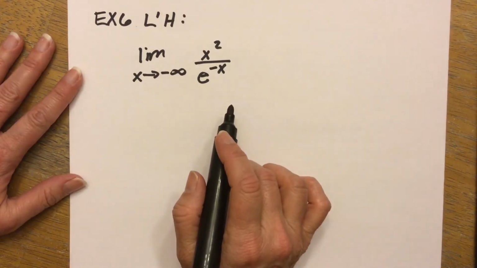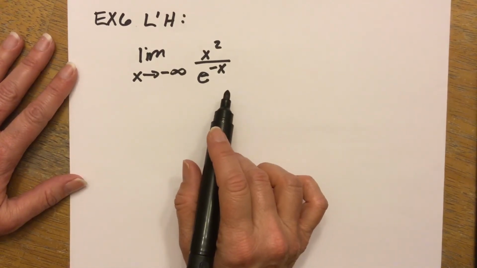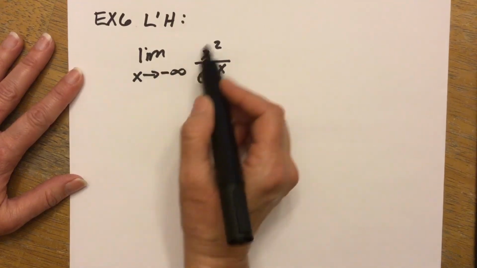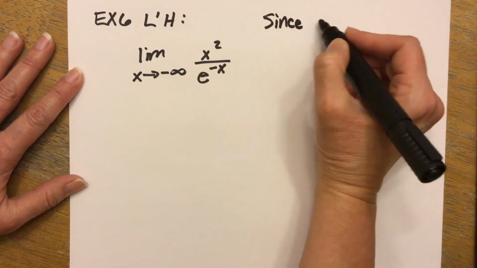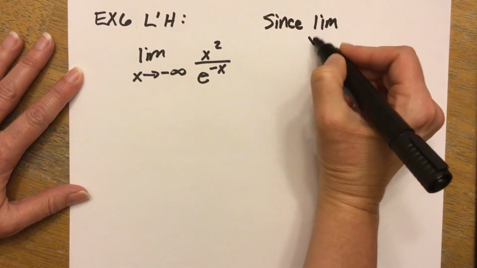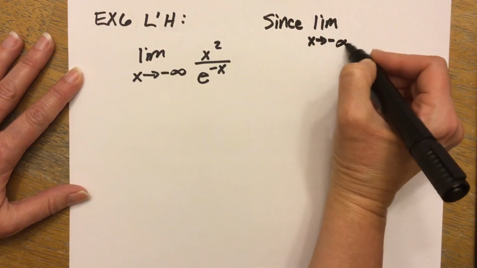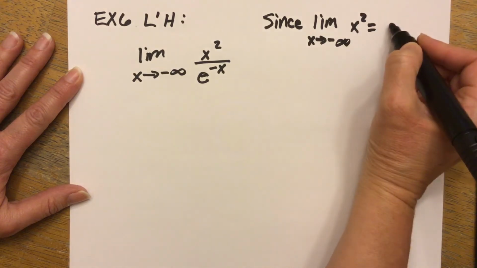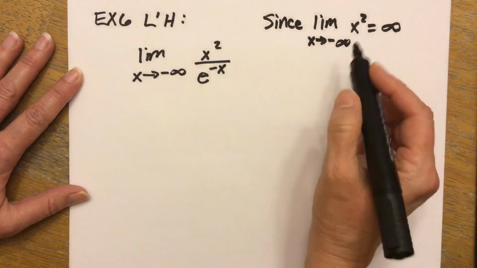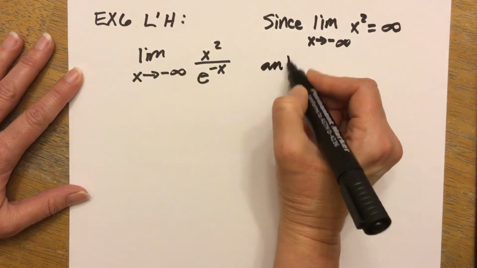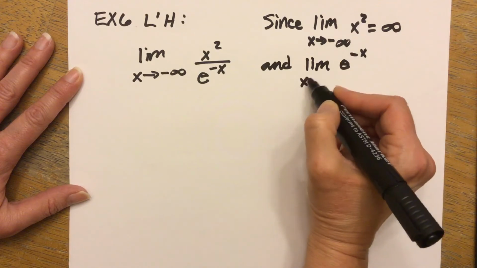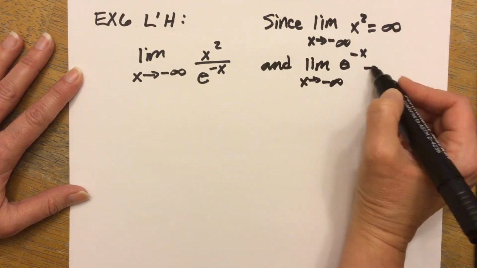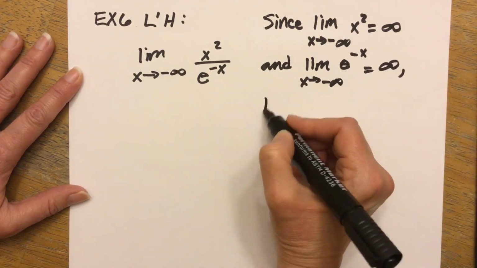When we look at this, the limit as x approaches negative infinity of x squared is equal to infinity, and the limit of the bottom, e to the negative x as x approaches negative infinity, is equal to infinity, so we can apply L'Hopital's.